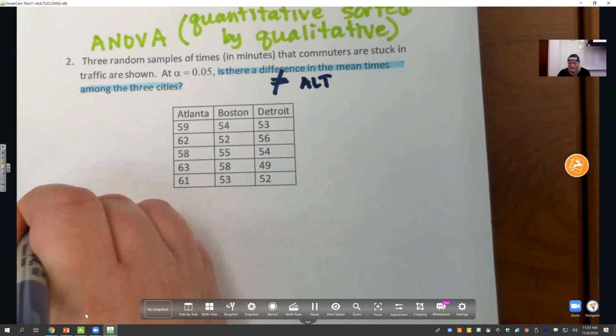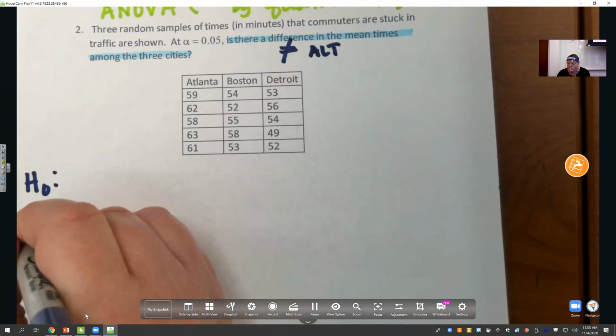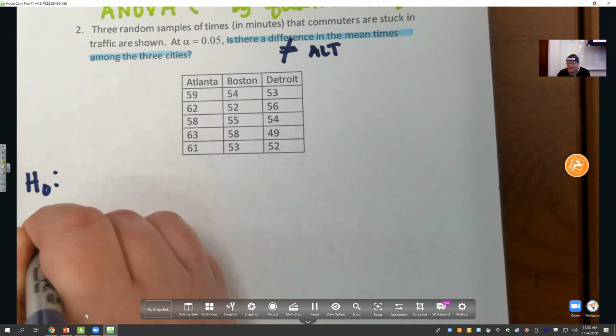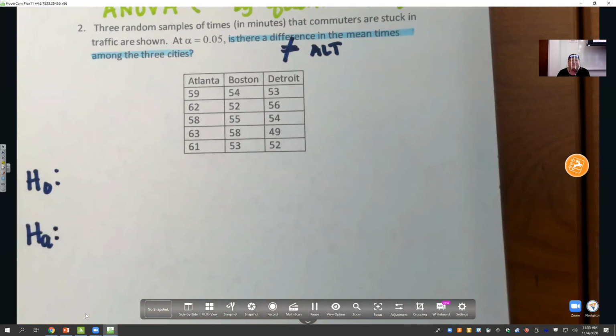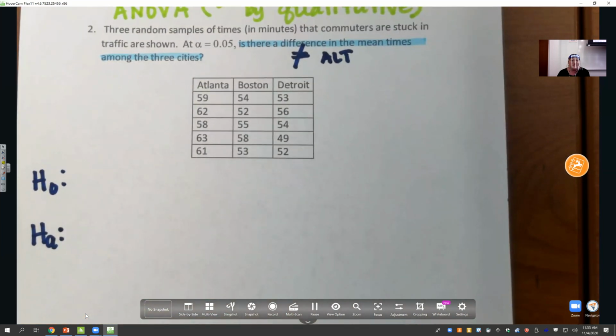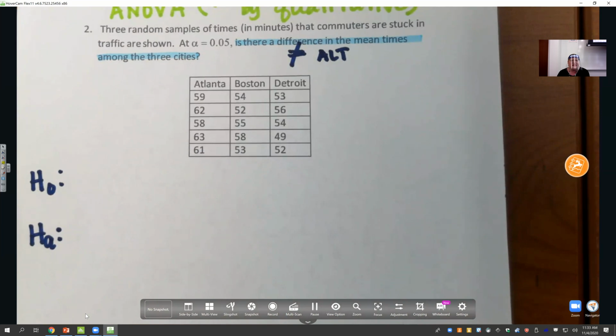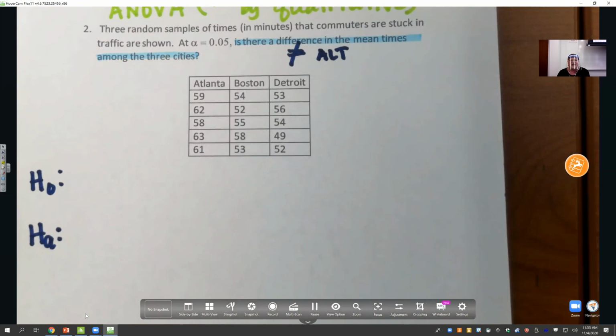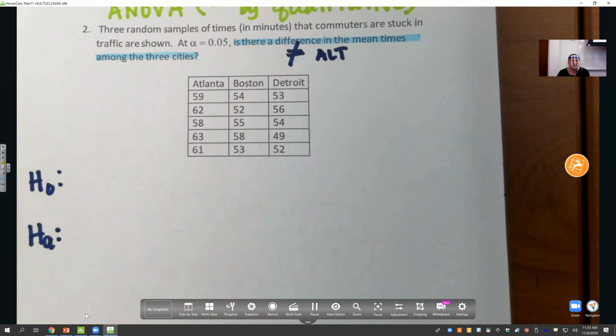Okay, so here's how we write it. Our first step, as is always the case, we want to state our null hypothesis and our alternative hypothesis. We could just about use the sentence that's written there with just a few extra words.